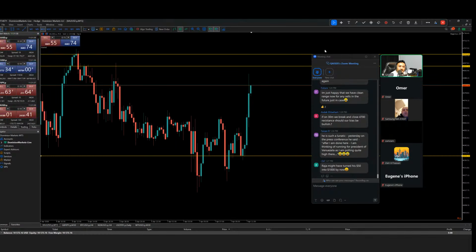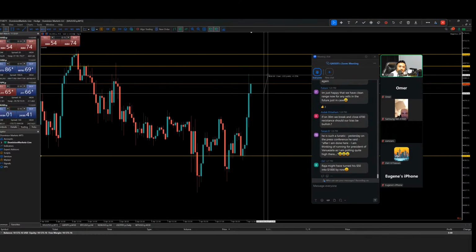Is this something like I was talking about, if we're stuck in a higher time frame consolidation, like higher ranges, I will wait for the candles to continuously print one-sided candles, and then I will wait for the candle to create some resistance, some support, and then I will go for the buys. This does make sense to me. It could fail this week.